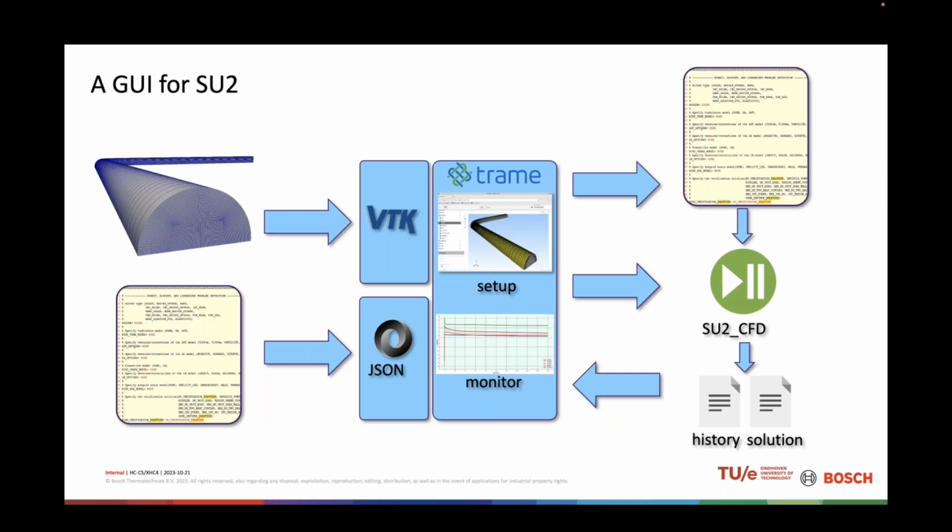So currently, what you need to do is you have a mesh already available, an SU2 mesh. We convert it to a VTK format internally, and we work with that because VTK is really the backbone internally.